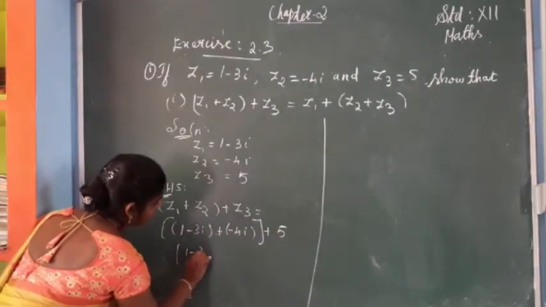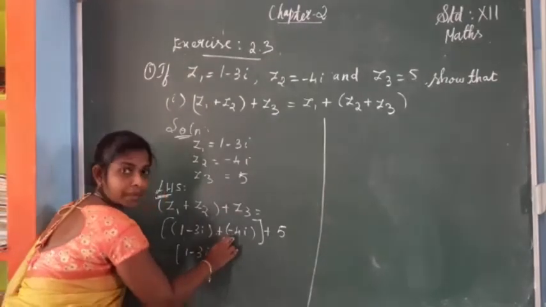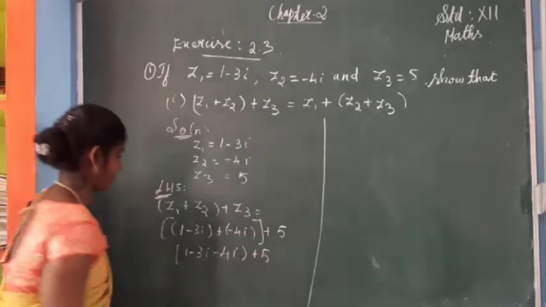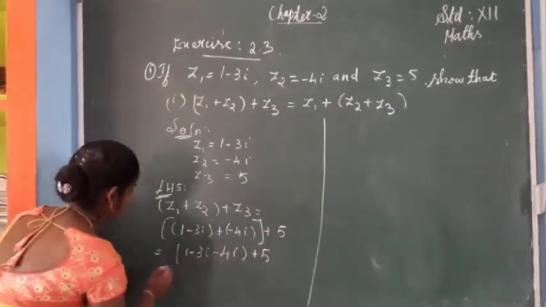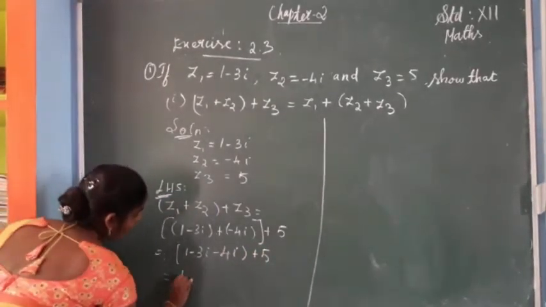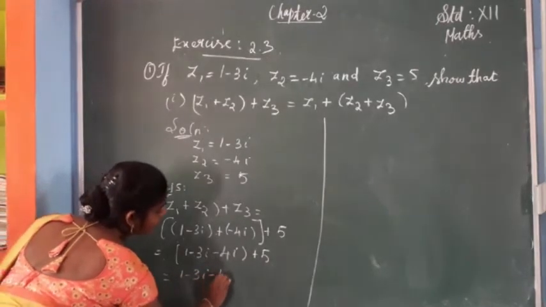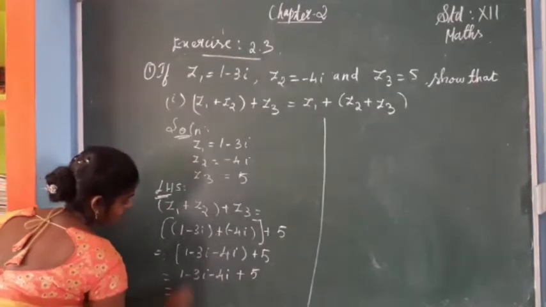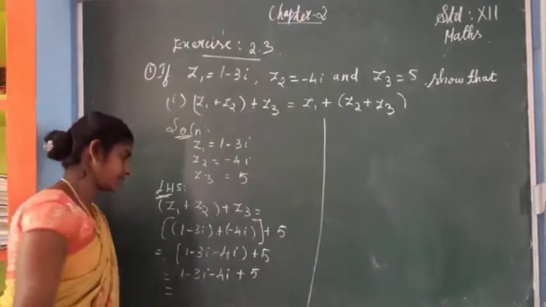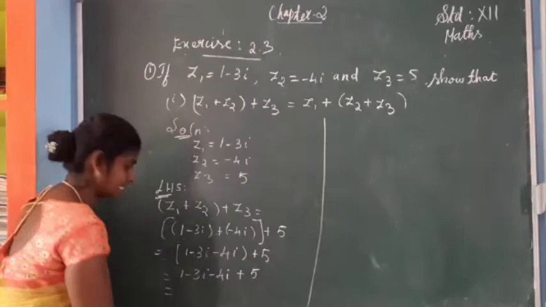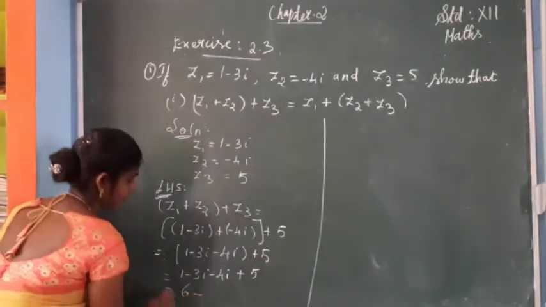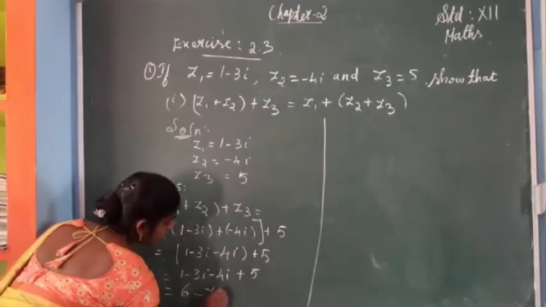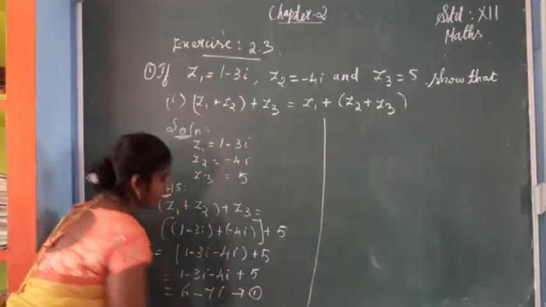So 1 minus 3i minus 4i plus 5 is equal to 5 plus 1, 6. 6 minus 3 plus 4, the value is 7, so 7i. Take this as equation 1.